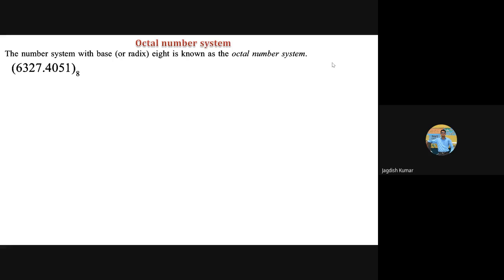Let us start with a simple example of a number, 6327.4051 to the base 8. Notice one important thing: the base of the number is written outside the bracket this way.